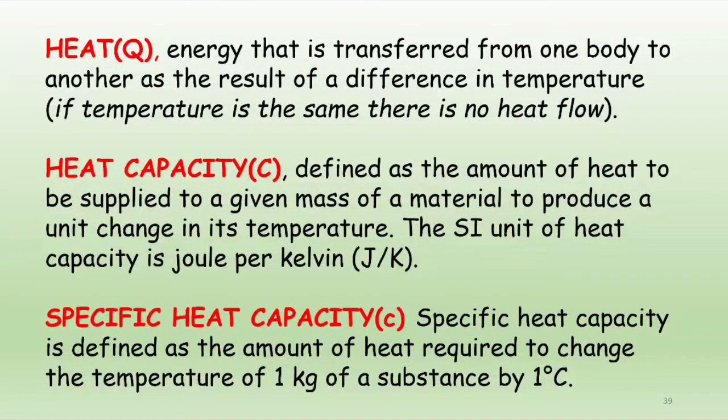Second, heat capacity is defined as the amount of heat to be supplied to a given mass of material to produce a unit change in its temperature. The SI unit of heat capacity is joule per kelvin.